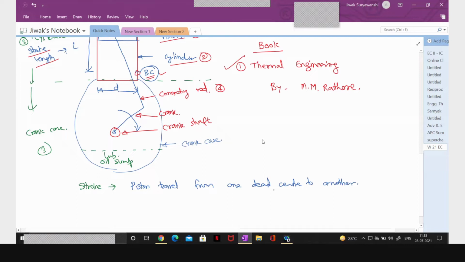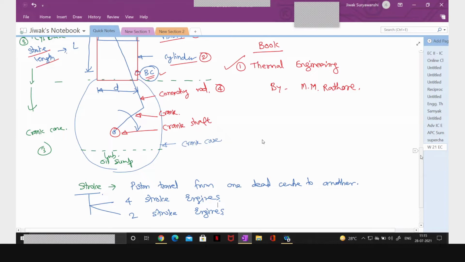Here we are using various cycles like the Otto cycle and diesel cycle. Though these are thermodynamic cycles, we consider them a mechanical cycle because the exhaust gases are thrown out of the cylinder. But we are considering these two cycles, the Otto cycle and diesel cycle.